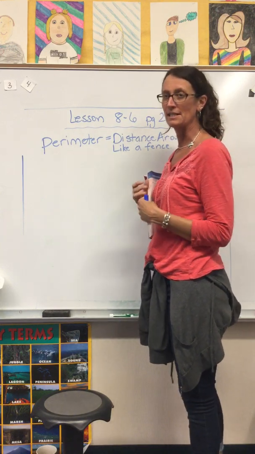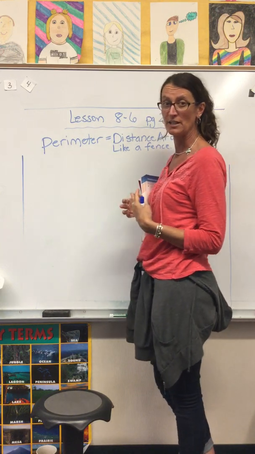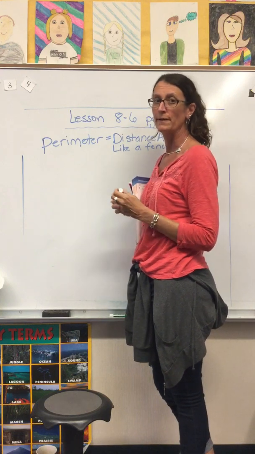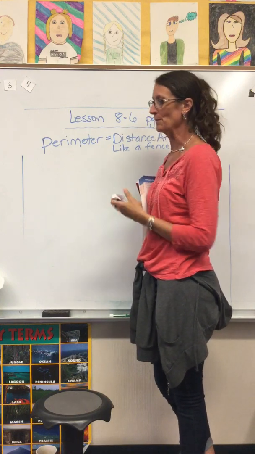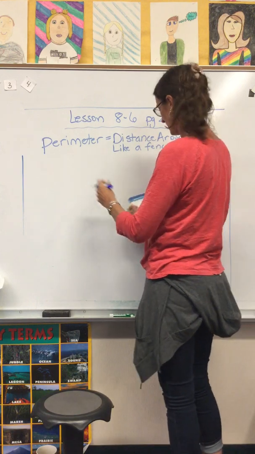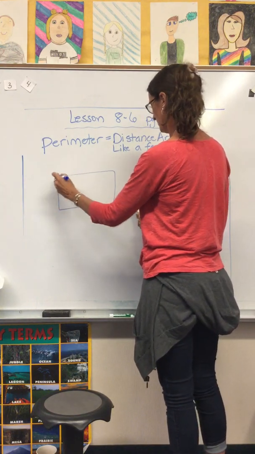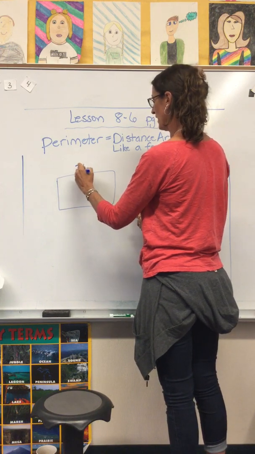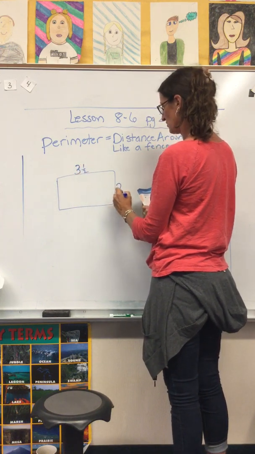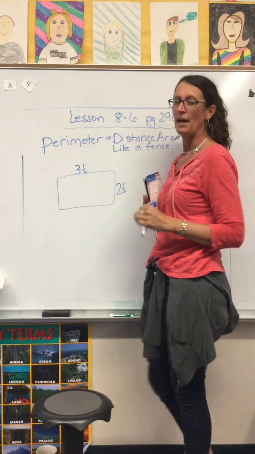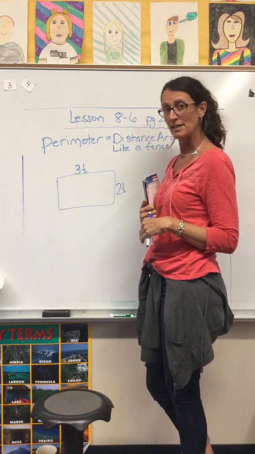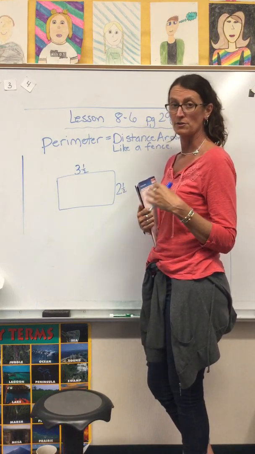So a formula is essentially kind of the rules or the equation that you follow to solve your problem. So when I look at a rectangle, like the one we have here, okay, we know it's 3.5 feet this side and 2.5 feet of this side. And when we're looking at the perimeter of a rectangle or a square, there's a formula.